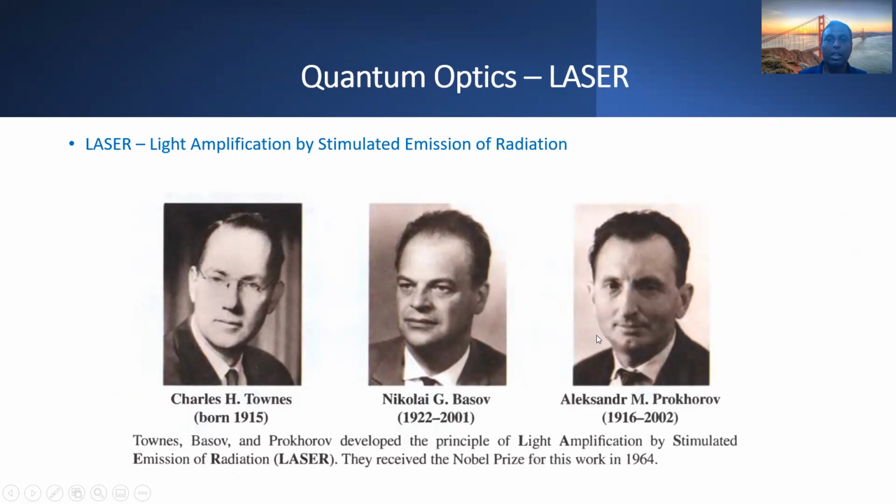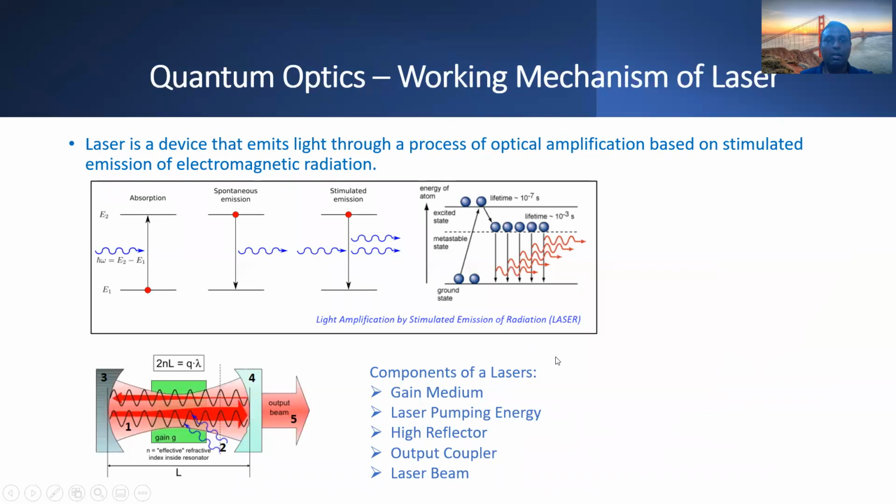Next, let's look into the laser. Laser is light amplification by stimulated emission of radiation. Townes, Basov, and Prokhorov developed the principle of light amplification by stimulated emission of radiation, which is called laser. They received the Nobel Prize for this work in 1964. What is the working mechanism of laser? Laser is a device that emits light through a process of optical amplification based on stimulated emission of electromagnetic radiation.